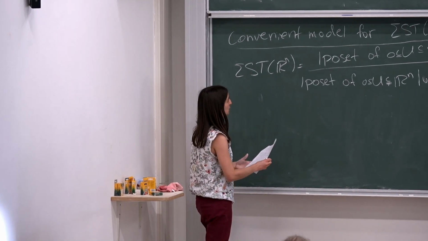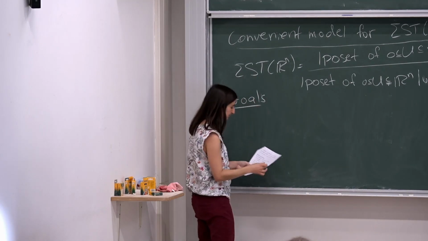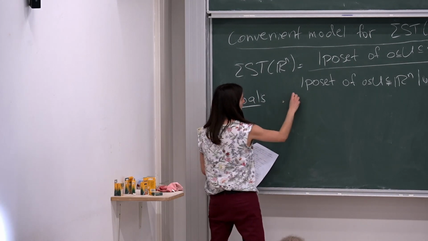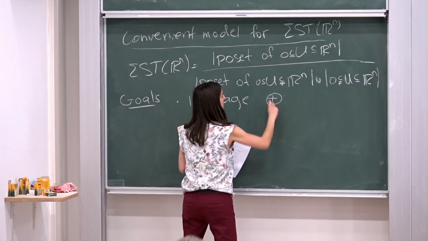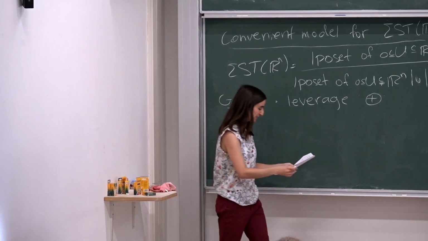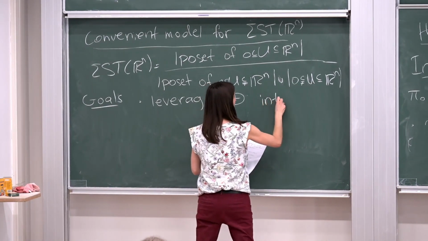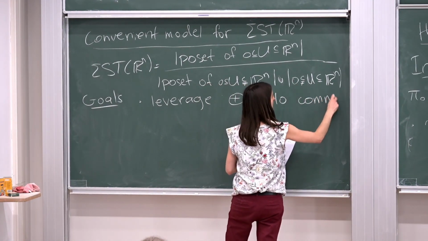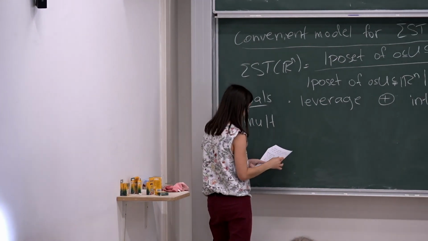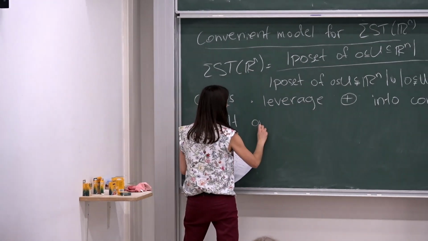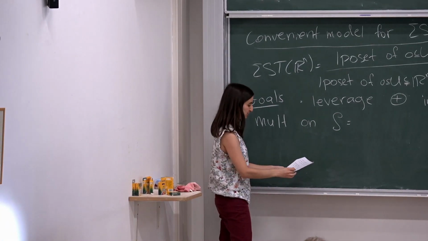So once we have this description, our goals are to leverage the direct sum of vector spaces into some kind of commutative multiplication on what we call the spectral scissors congruence algebra.